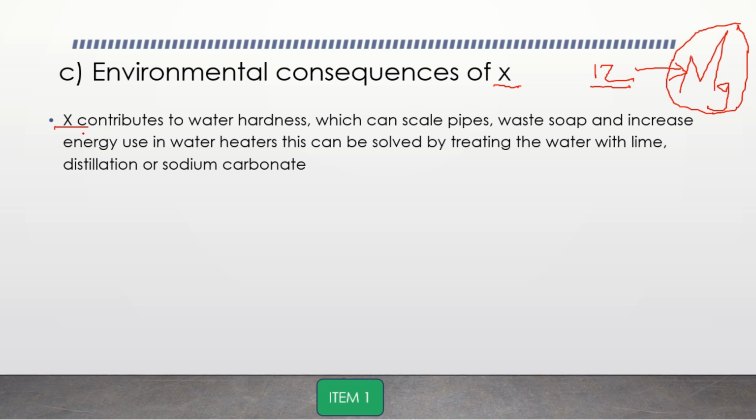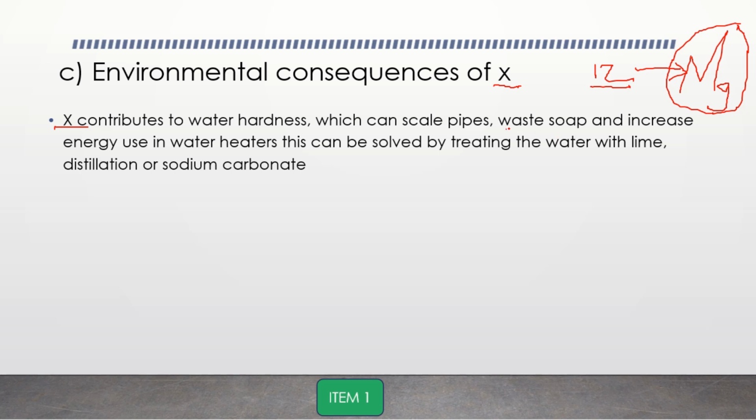The first answer is X contributes to water hardness. We all know that the ions responsible for hardness of water are magnesium and calcium. Those are the major ions. Therefore, in water, magnesium ions contribute to hardness, and water hardness can scale the pipes, clog the pipes, and waste soap.